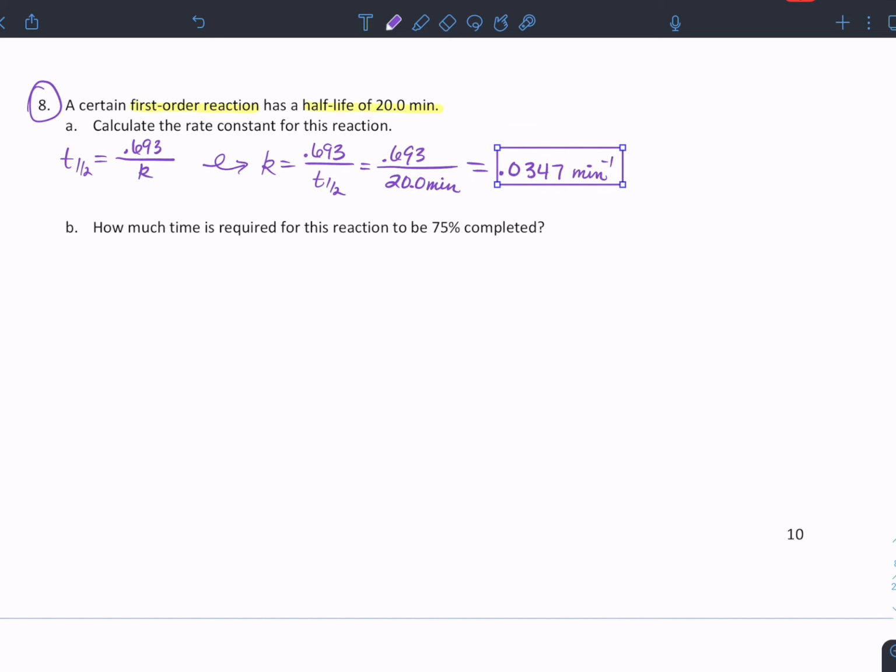Okay, the second part of the question is actually why I really wanted to do this one as an example, because this is a common mistake that students make.